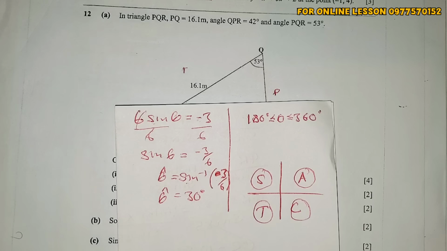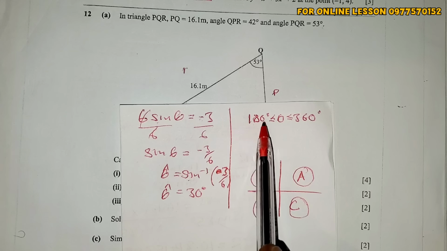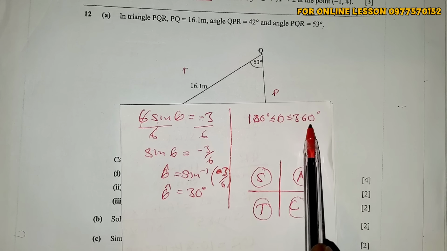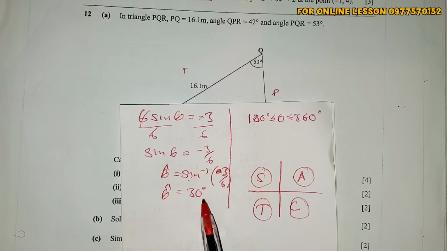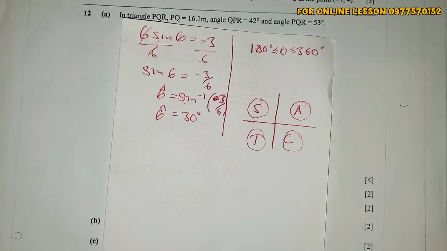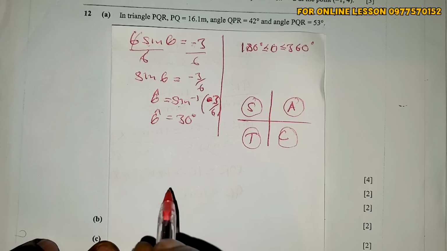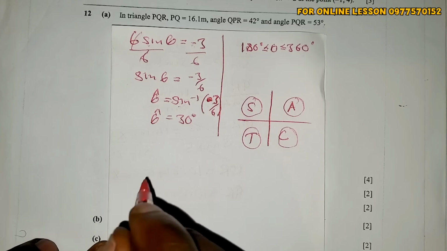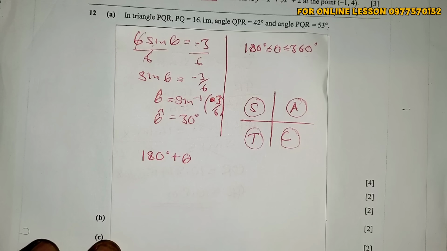Okay, and we are told our answer should be between 180 to 360. So since this one is our reference angle, this is what we're going to do. In the third quadrant, we always add theta to 180, where theta is the reference angle.